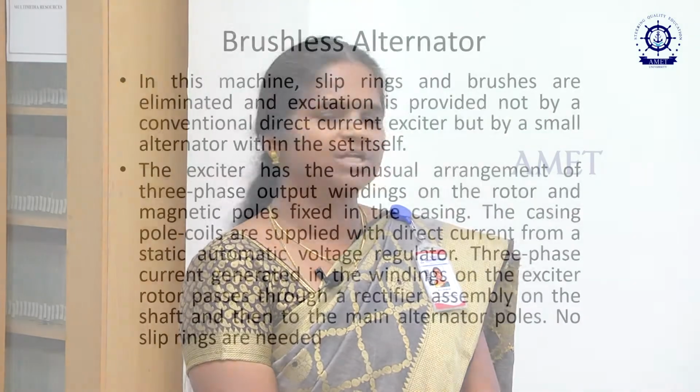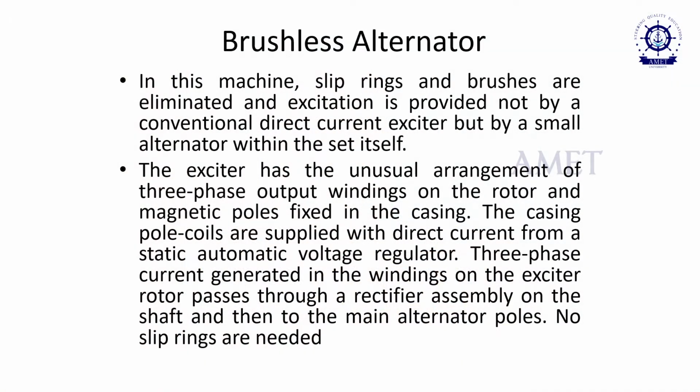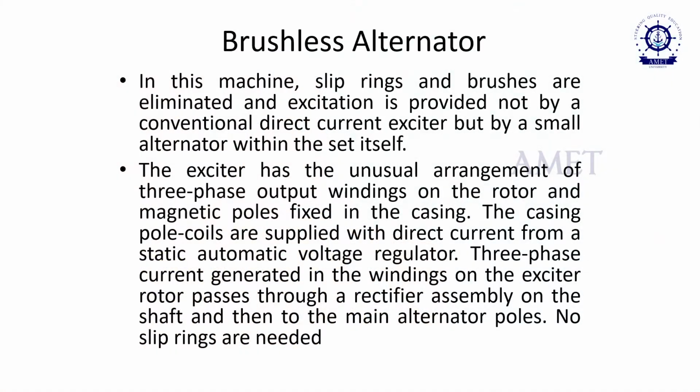Here in the brushless alternator, a separate small exciter alternator is available inside to excite the main alternator. The exciter has an unusual arrangement: it has a 3-phase winding on the rotor, and the magnetic poles are fixed to the casing.